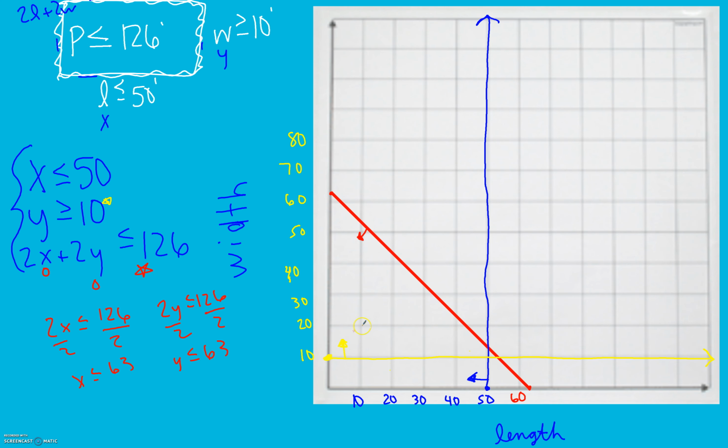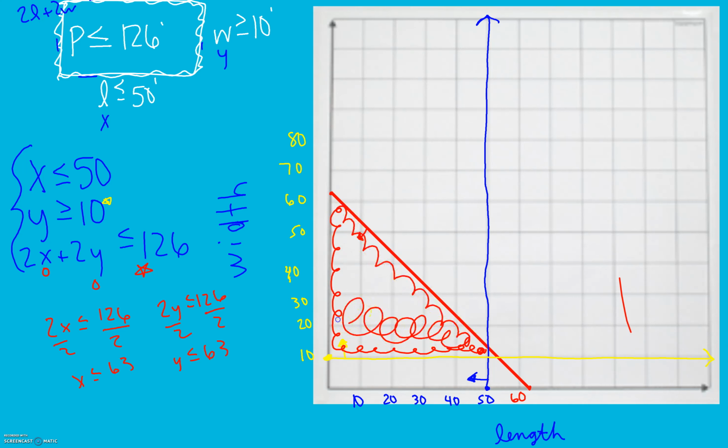So blue goes in this direction, yellow goes up here, and red goes here. So the area that works for all three is this part right here. These are all of our options for our dog park. And be careful here in the corner that we don't cross over that blue line. Those are all of our options.